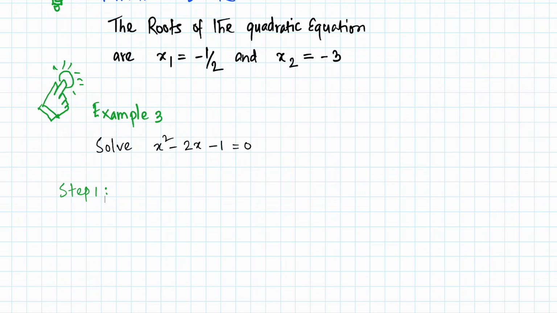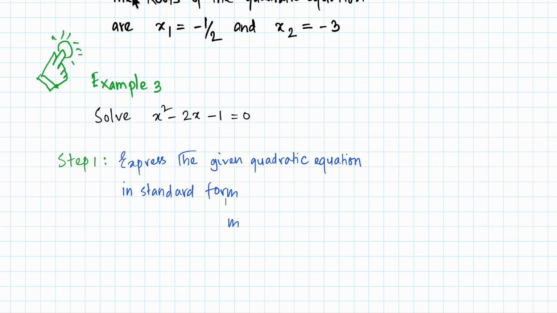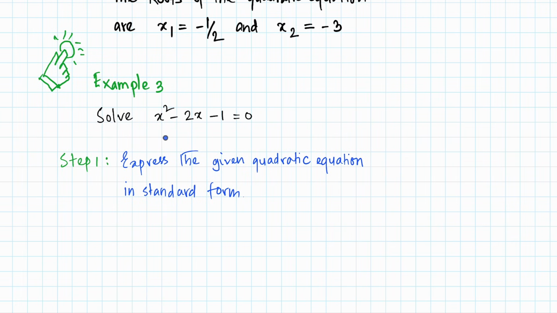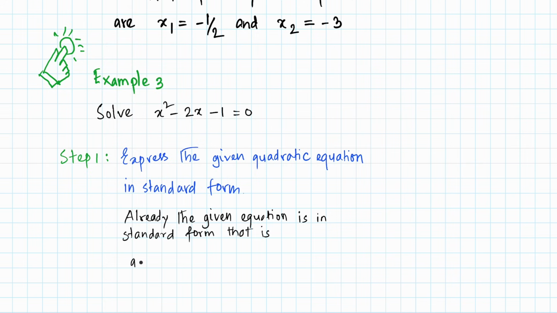So step 1, first we have to express the whole equation in standard form. Already the given equation is in standard form, so we need not make any changes. So ax square plus bx plus c is the standard form.